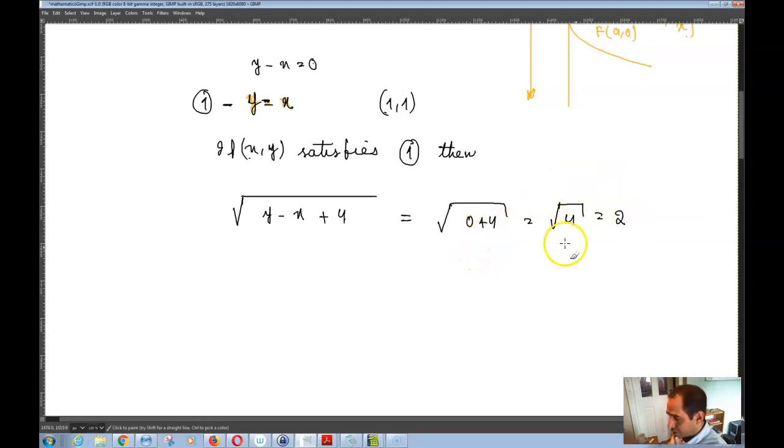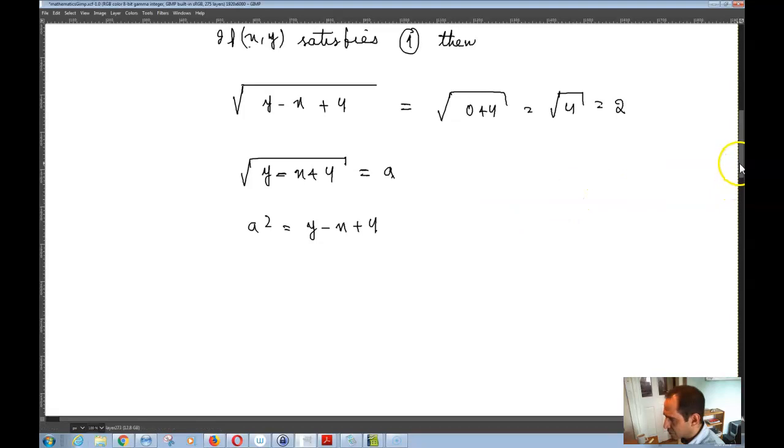Now why this works is that if I write this equation as the square root of y minus x plus 4, then of course if I set this equal to some value, for example a, then I can write a squared is equal to y minus x plus 4.